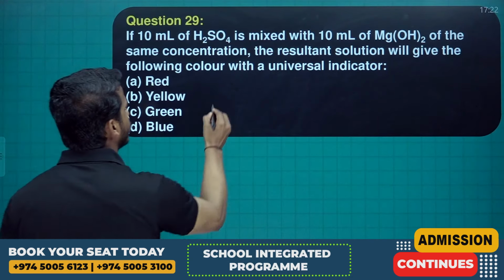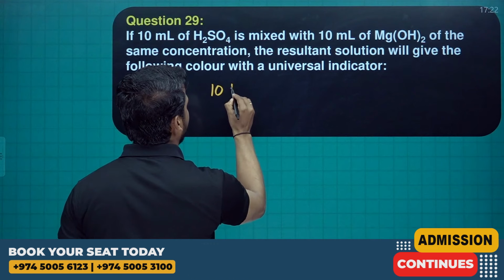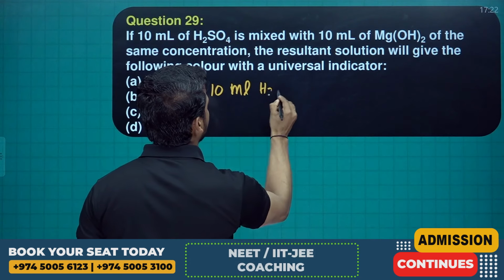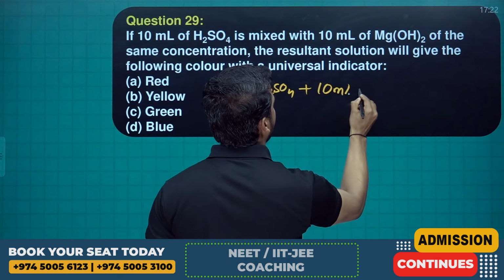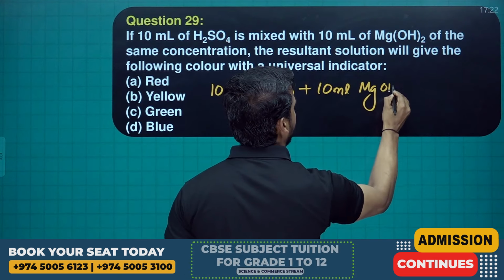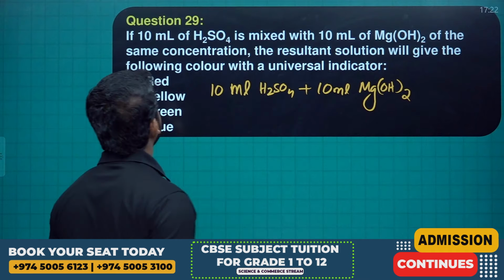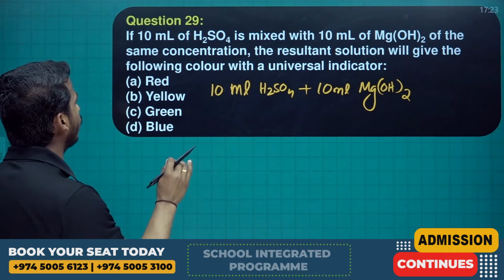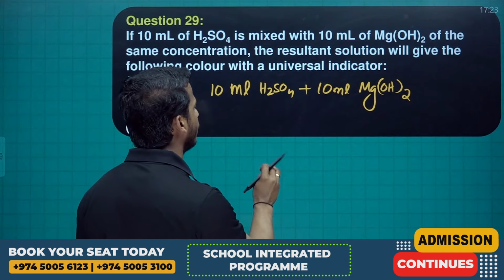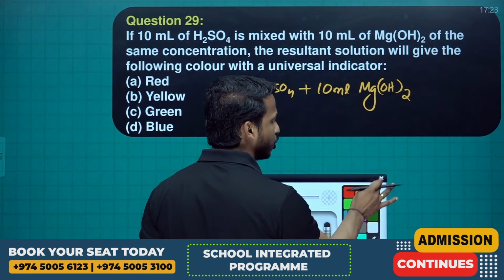If 10 ml of H2SO4 is mixed with 10 ml of magnesium hydroxide, milk of magnesia, of the same concentration, the resultant solution will give the following color with a universal indicator, that is our pH paper.